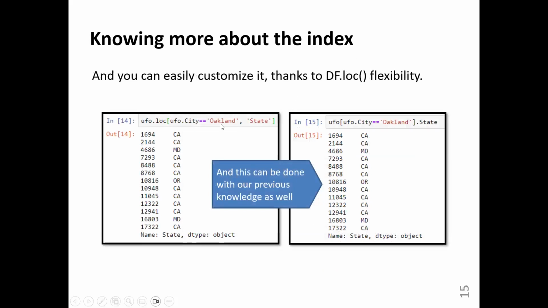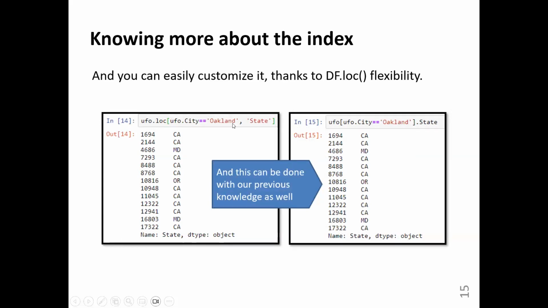You see here, we could use UFO.loc and saying UFO.city equal Oakland, comma state. That is how we use loc. And then the second one, we say UFO bracket notation. We say UFO where the city is equal to Oakland, and then we say dot state.